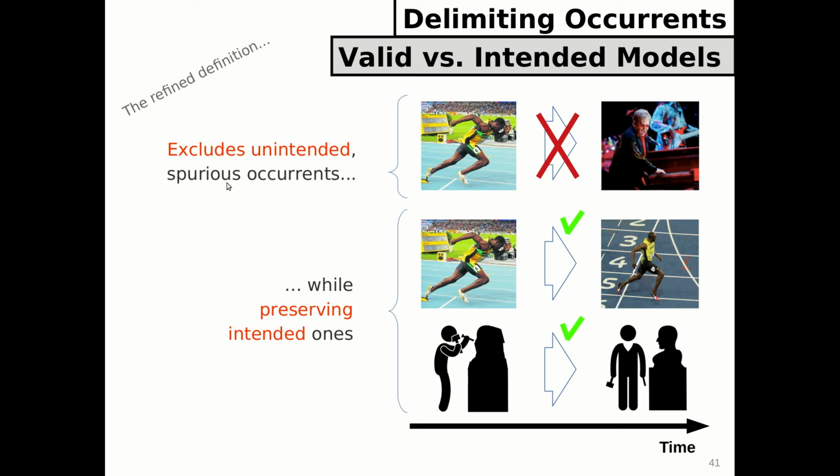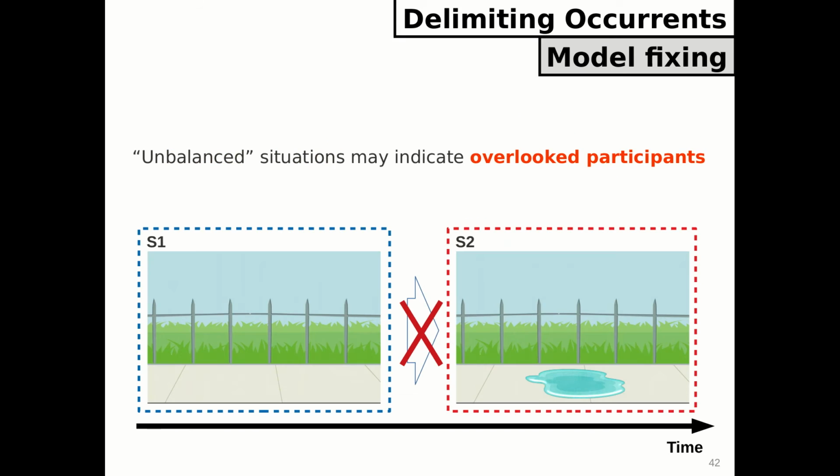Besides accepting and rejecting models of occurrence, the refined definition of occurrent can also help us to fix problematic models. When you have an occurrent model with unbalanced situations regarding the ontological substrate, the definition indicates that there must be some overlooked participants in some of the situations. Let's take the example of an event of appearance of a water puddle on a sidewalk.